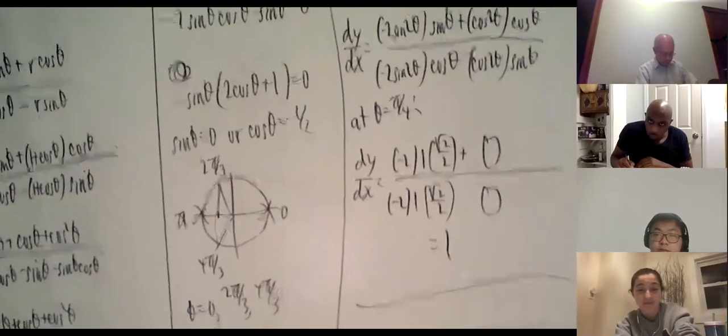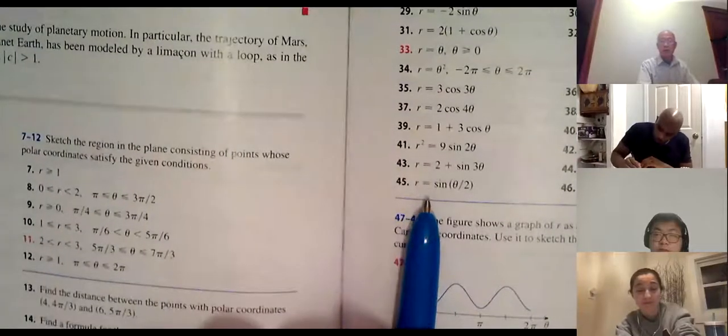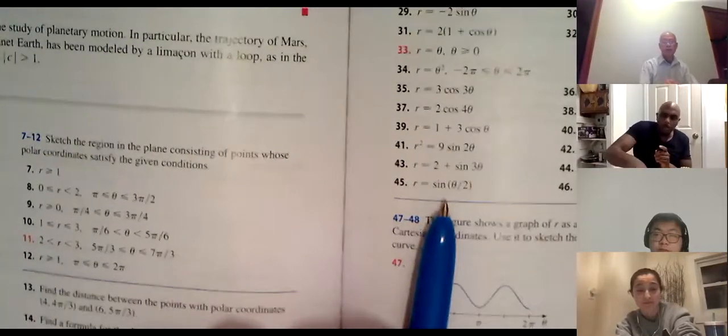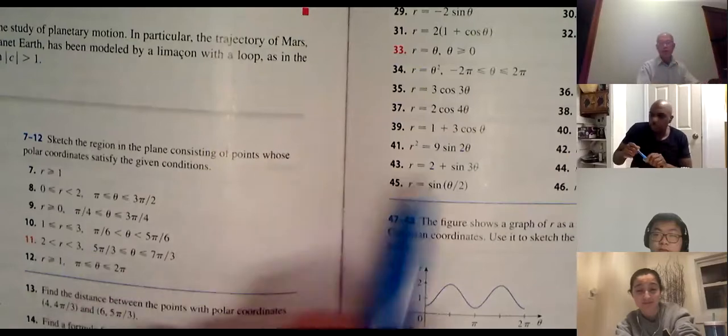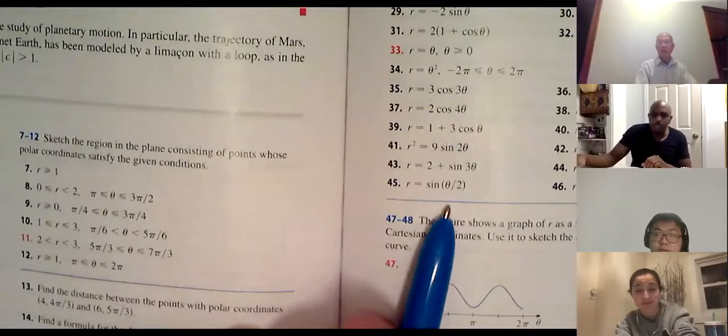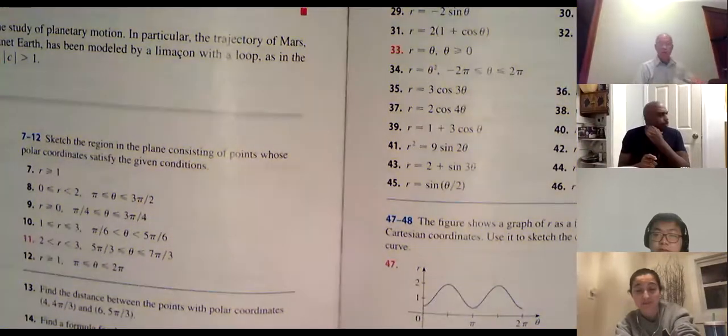Okay, 10.345. r equals sine of theta over 2. And I think that's the only instance where instead of doubling the angle or tripling the angle, you have a fraction of an angle. Okay.